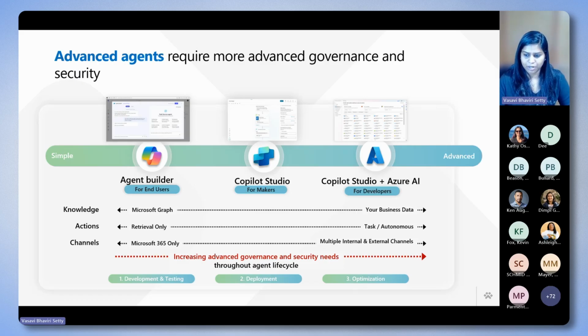You will have to think about where these agents are developed. How do you actually test them, and in what environments do you test them? How do you deploy them to production so that access is controlled and managed? And finally, you also want to monitor those agents to go back and further optimize them as well.